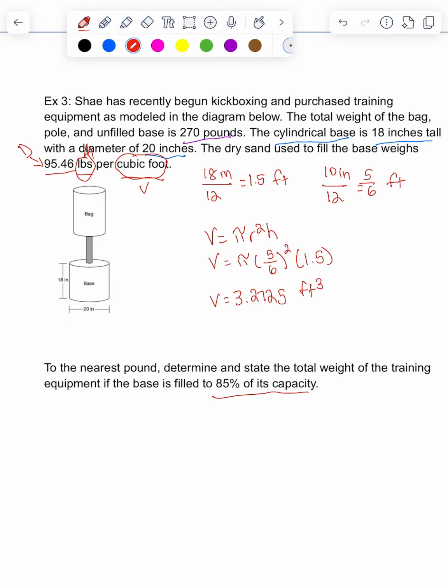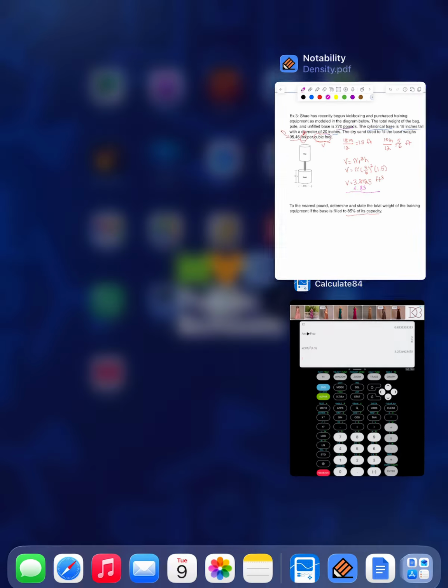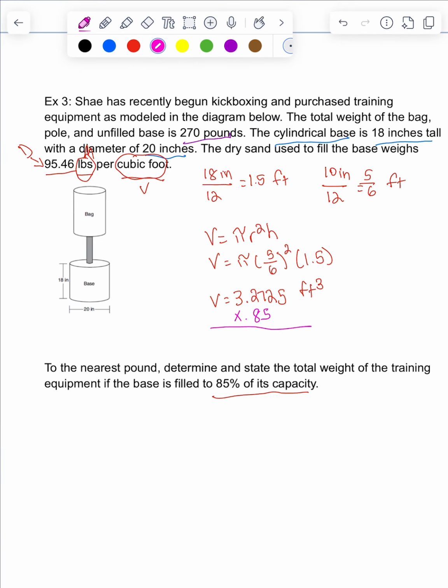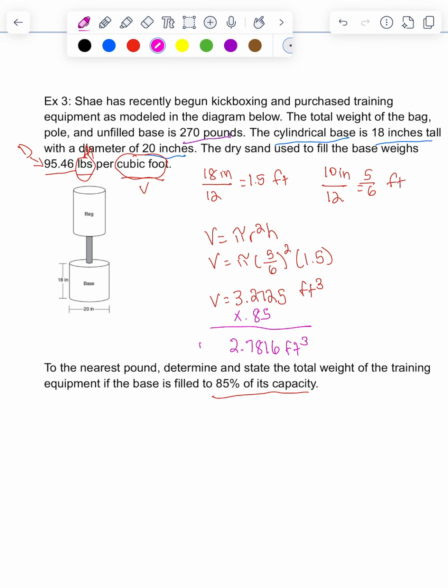So 85 divided by 100 is 0.85. I'm going to multiply by 0.85 in order to get the 85% capacity, and that's 2.7816. And notice how I'm clearly labeling that this is still the volume, so that I can understand what I'm doing. So that's the volume to 85% of the total capacity.